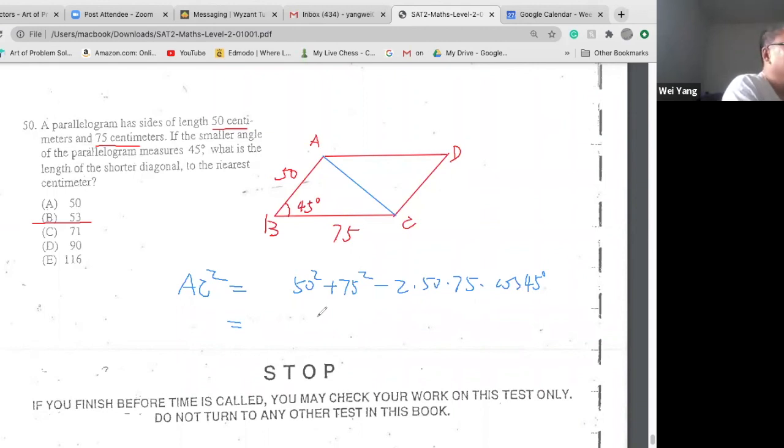This one will be the square root of 2500 plus 75 squared minus 7500 times cosine, just times square root 2 divided by 2.